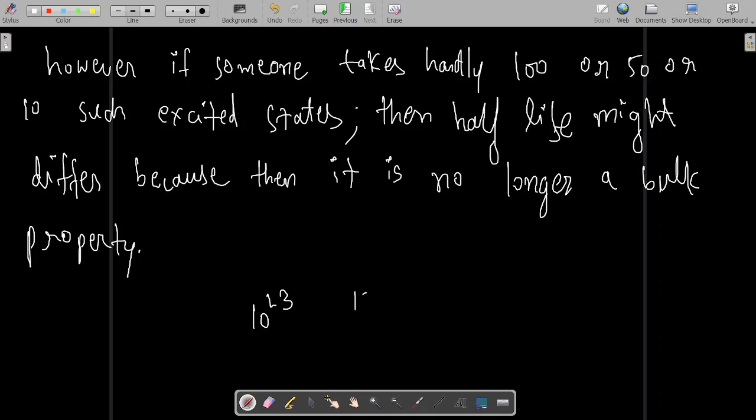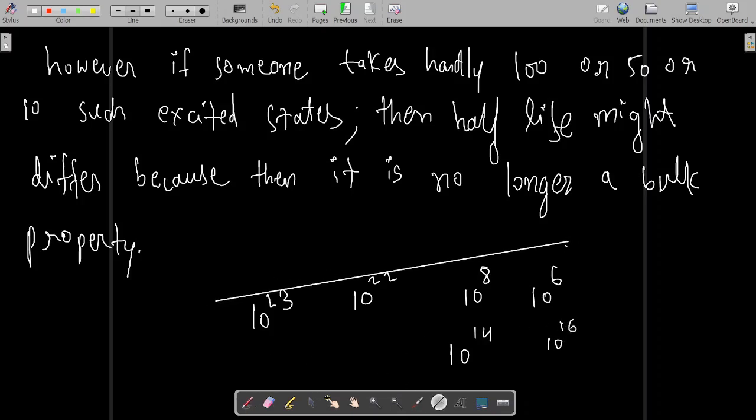Okay. So instead of taking such huge numbers, like 10 to the power 23, 10 to the power 22, 10 to the power 8, 10 to the power 6, 10 to the power 14, 10 to the power 16, suppose someone takes very small numbers, like 100 or 50 or 10 such excited states.